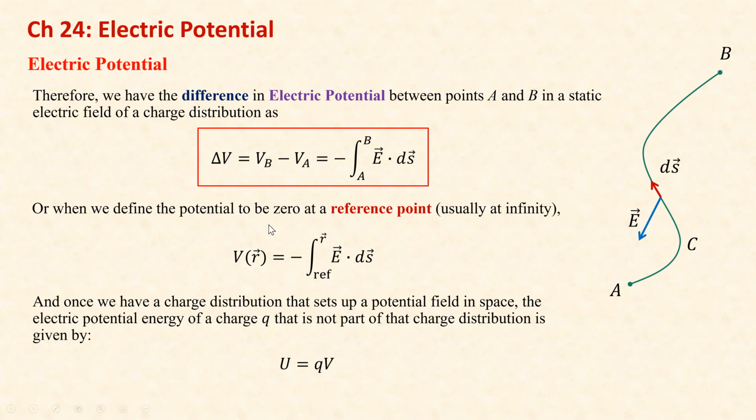So this is the way the change of electric potential between 2 points is defined. If you have a reference point, that is the potential at any point compared to the reference point. And now for any point, you have an electric potential. And then if you have a charge at that position, it has a potential energy that is the charge times the potential. All right? Does it make sense? Any questions?